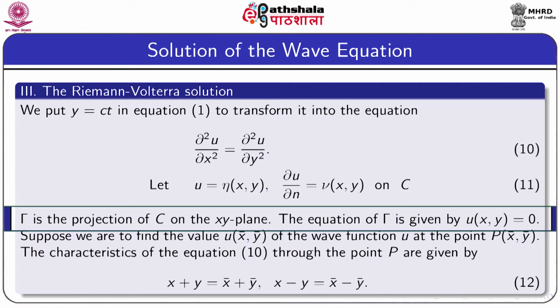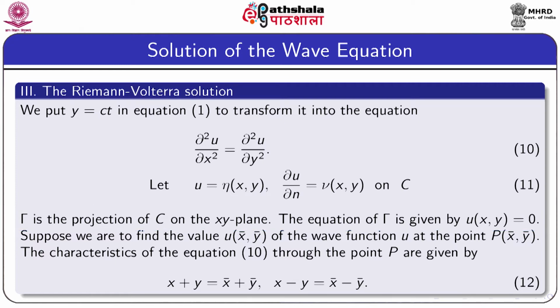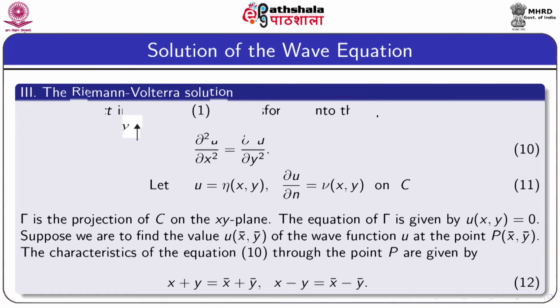Suppose we are to find the value of the wave function u at some point P with coordinates (x bar, y bar). The characteristics of the equation taken through the point P are given by x + y = x bar + y bar and x - y = x bar - y bar.